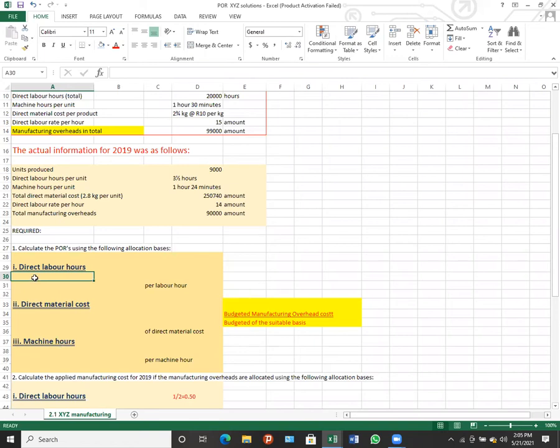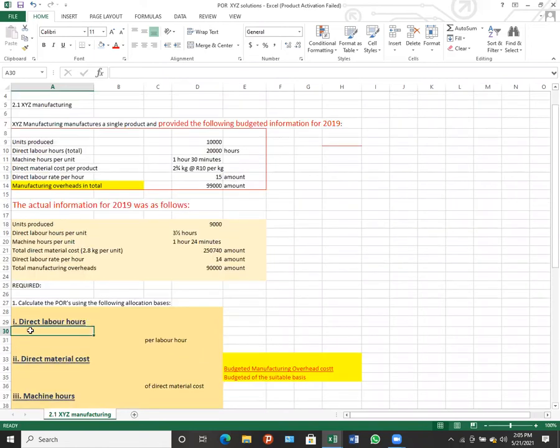Anyone who wants to lead me on what I must do, since there's a formula here? This represents your budgeted basis. Here we have budgeted manufacturing overhead, and here is our budgeted basis.